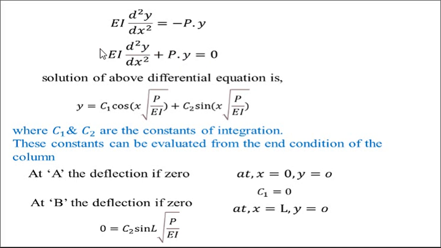If you solve this differential equation, you get the value of y as follows: y is C1 cos x under root of P upon EI plus C2 sin x into under root of P upon EI.